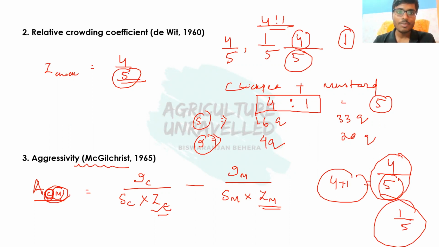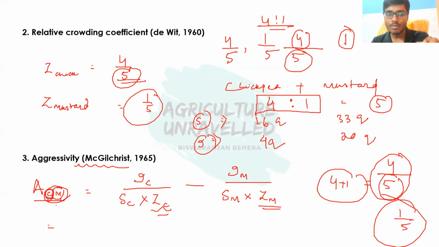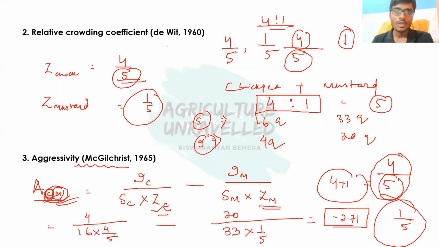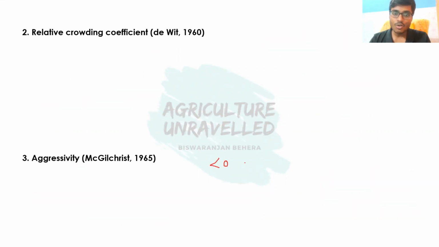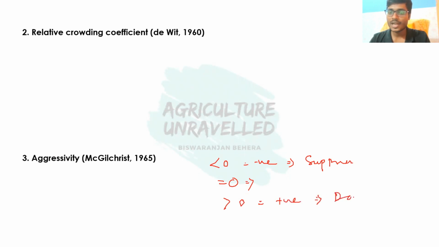So Z chickpea will be 4 by 5 and Z mustard will be 1 by 5. Okay, so now we'll put all these values in this formula. So the aggressivity of chickpea with respect to mustard is... coming to the interpretation of aggressivity, if it is less than 0, meaning negative, then the species is suppressed, and if it is equal to 0, then both species are equally competitive, and if it is positive, more than 0, it means the crop is dominant.